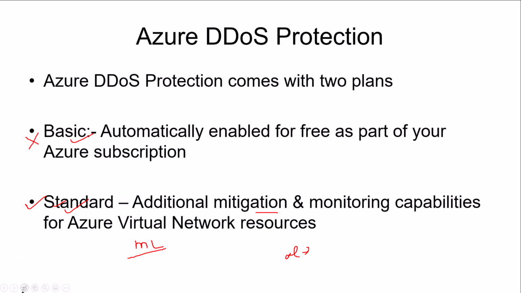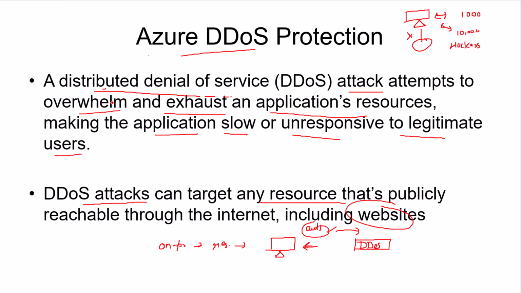Now, just to recap what we have gone through today: we have talked about the DDoS service from Azure. It is smart enough to understand that someone is trying to overflow your resources with traffic. When these types of attacks are carried out, the main objective of hackers and unethical persons is to slow down your application or put it into the unresponsive mode.